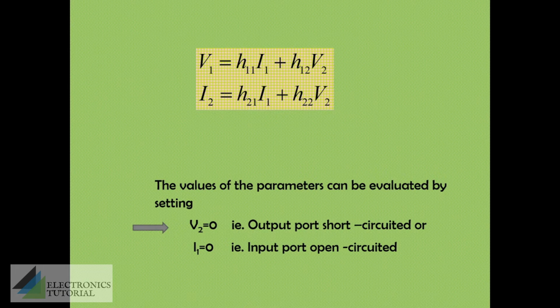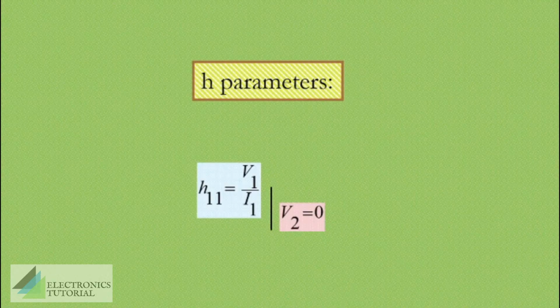We can substitute the value V2 as 0 in the above equations. For the first equation, this term will become 0, and we have the rest of the expression as V1 is equal to H11 I1. From that, we can get the value of H11 as H11 is equal to V1 by I1.